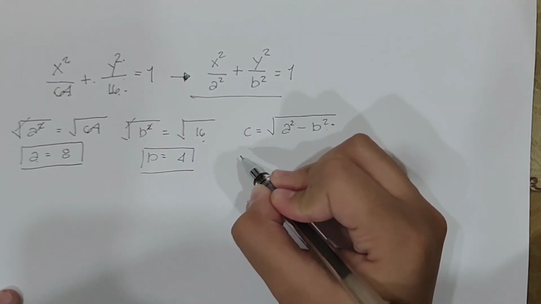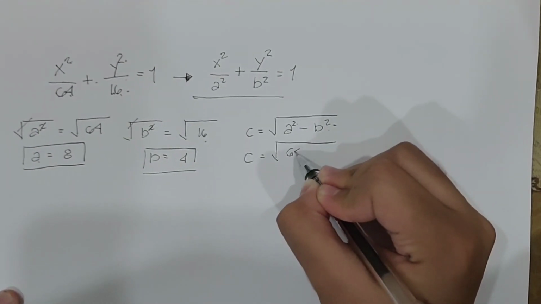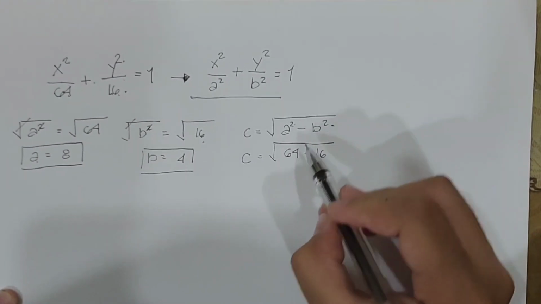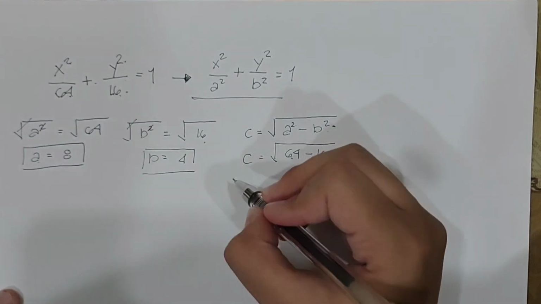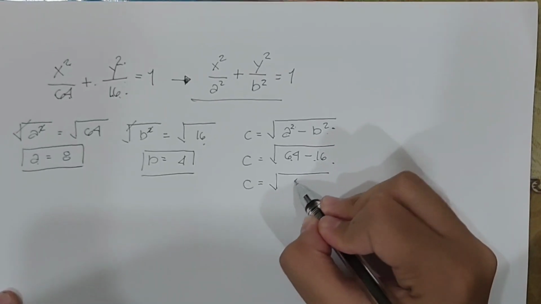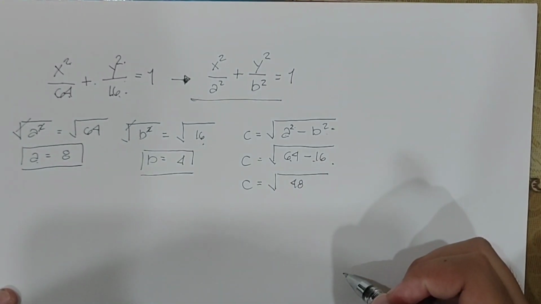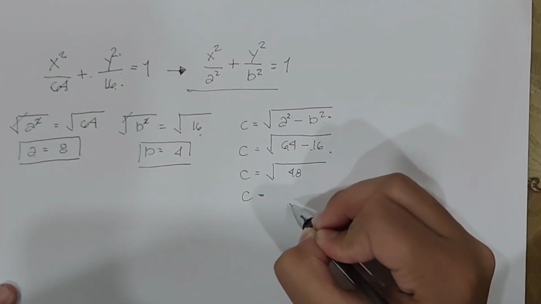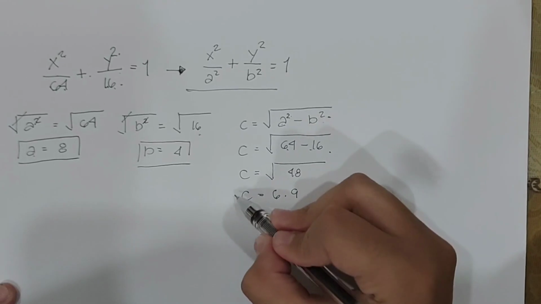So we put that in there, which is the square root of 64 minus 16. Now what is 64 minus 16? You'll get the square root of 48. Now what is the square root of 48? You get 6.9.